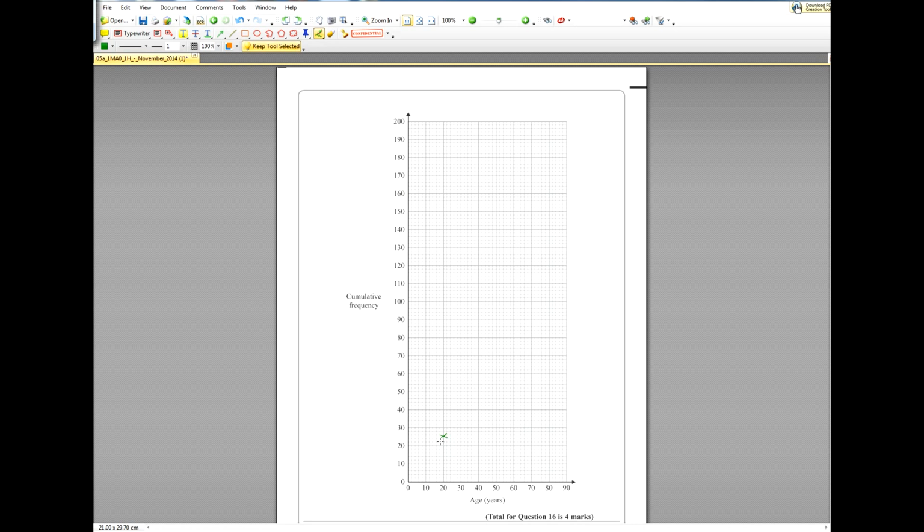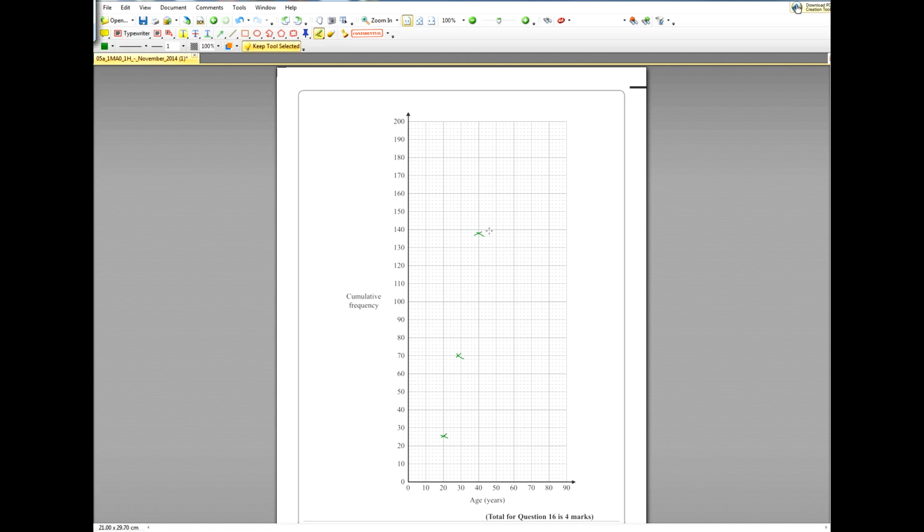Oops, 25. Okay, the next one, we have 30 on the age will give us a height of 70. Mine's slightly off there. And the next one, 40 is 138. So I'm trying to do as accurately as I can.